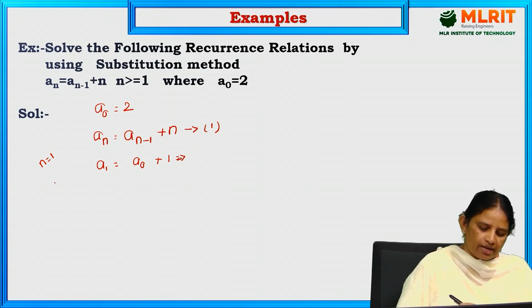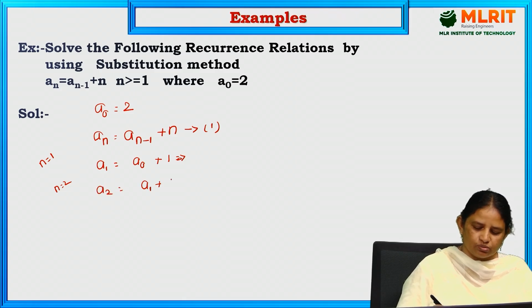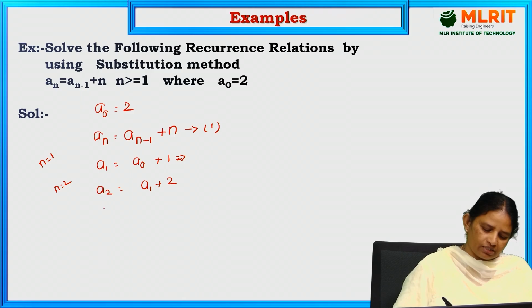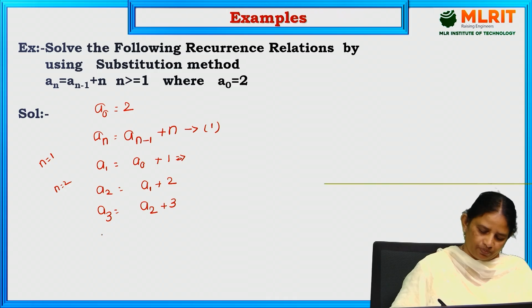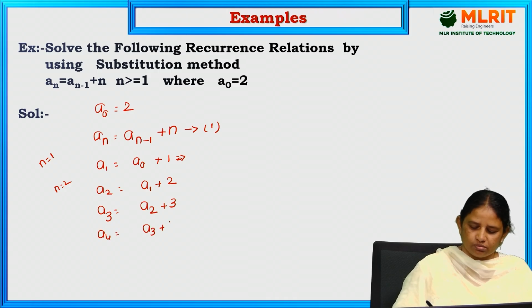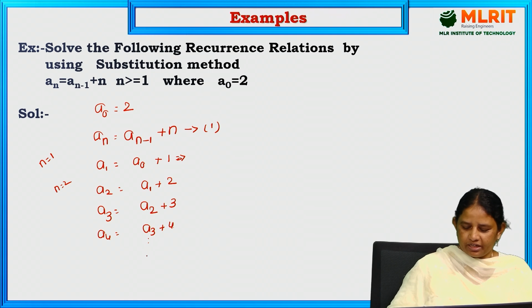Next, n equal to 2, a_2 equal to a_1 plus 2. Next, n equal to 3, a_3 equal to a_2 plus 3, a_4 equal to a_3 plus 4. This process is repeated for n terms.